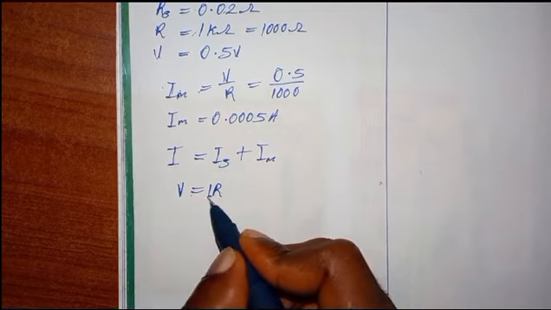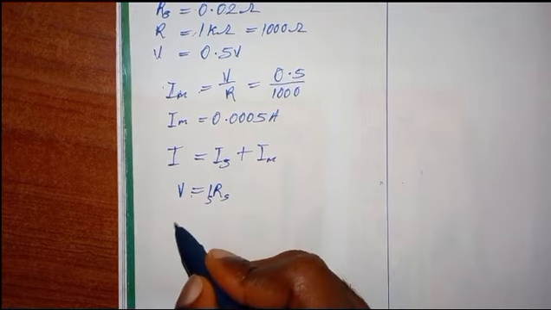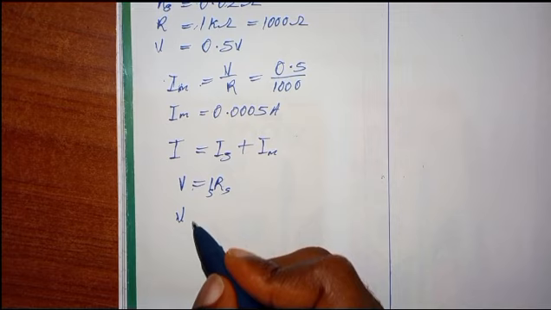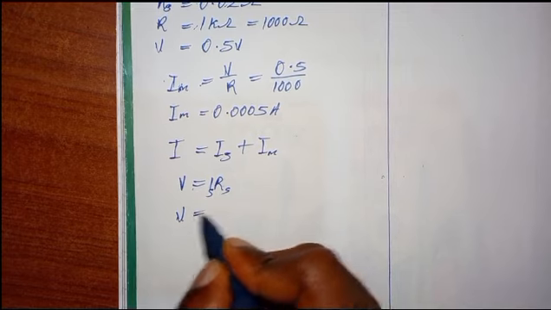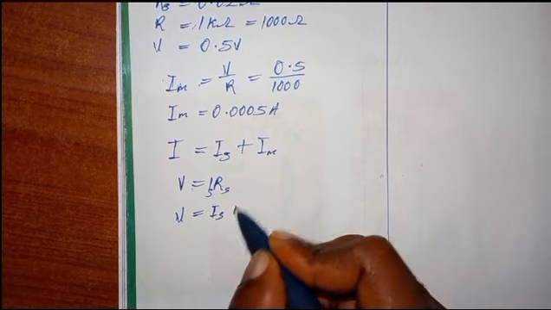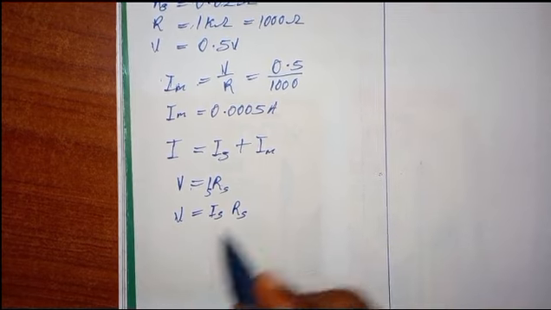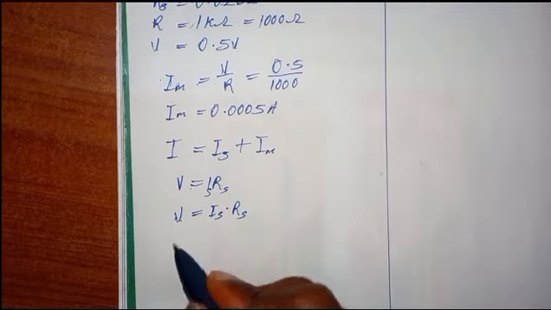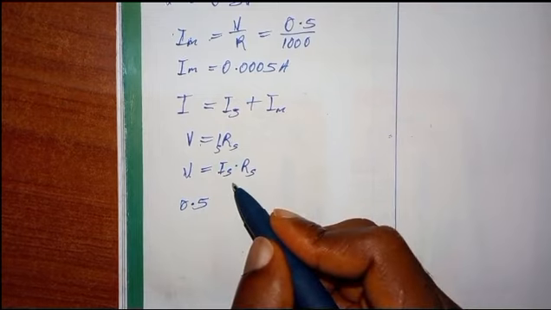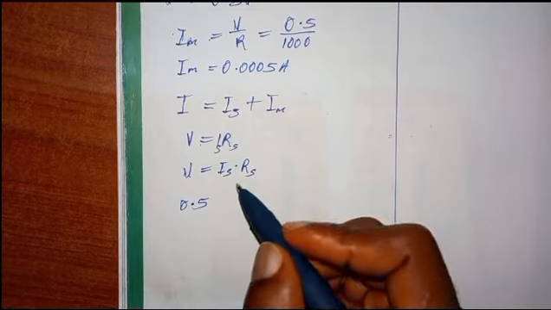We know V to be 0.5, and Is is not given.